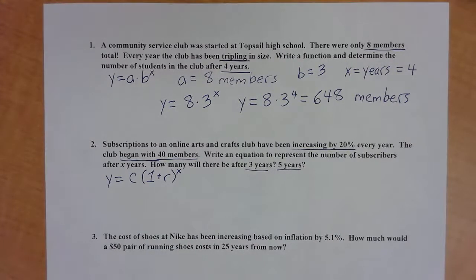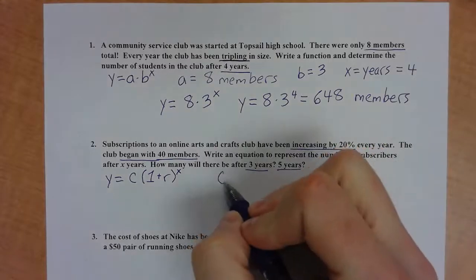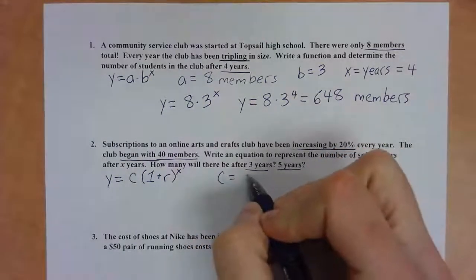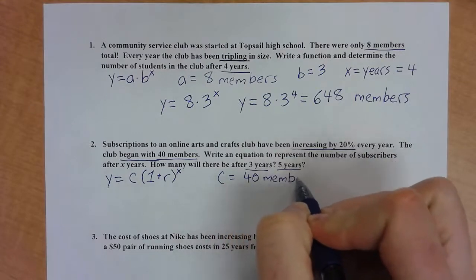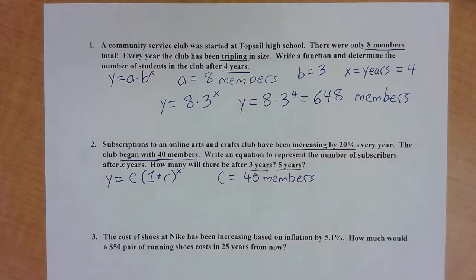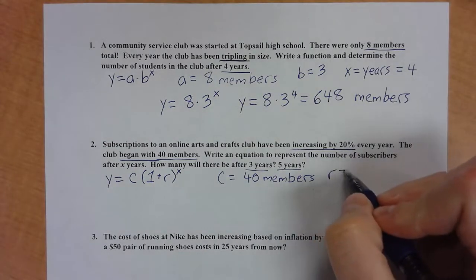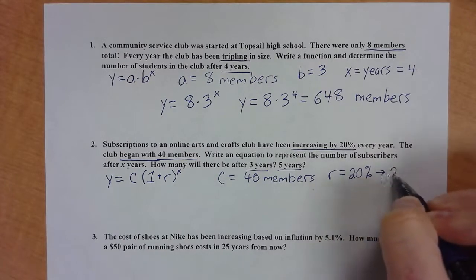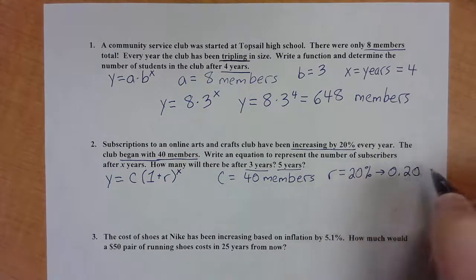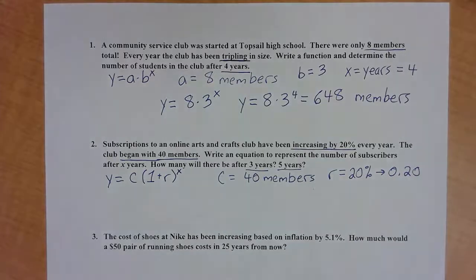So if we are looking at this problem, we know that C is our starting value. In this case, it is 40 members. Our R is our percent increase as a decimal. So we're going to write 20% as 0.20 for 20%.